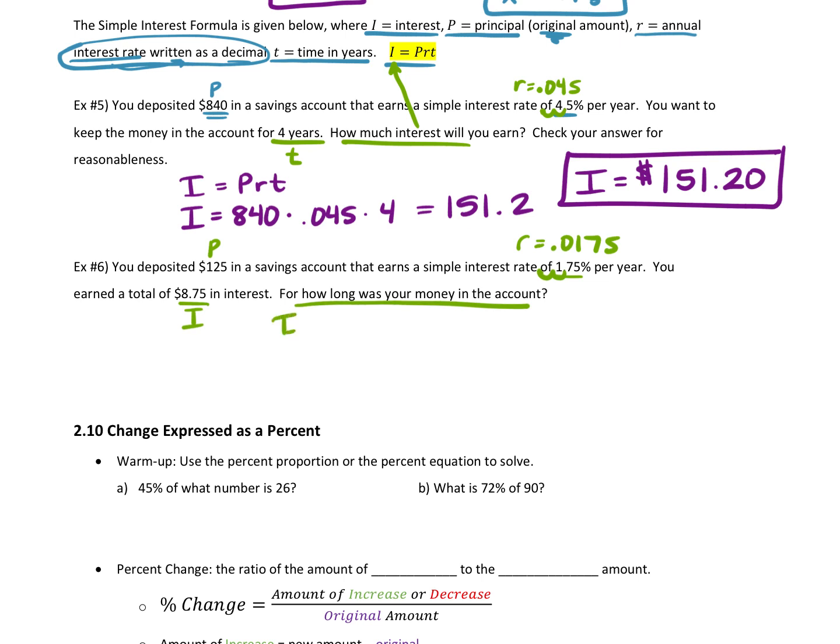So if I equals PRT, so the interest, 8.75 equals the principal, 125, times the rate, 0.0175 times T. Okay, now what I would do is I would multiply these two together.